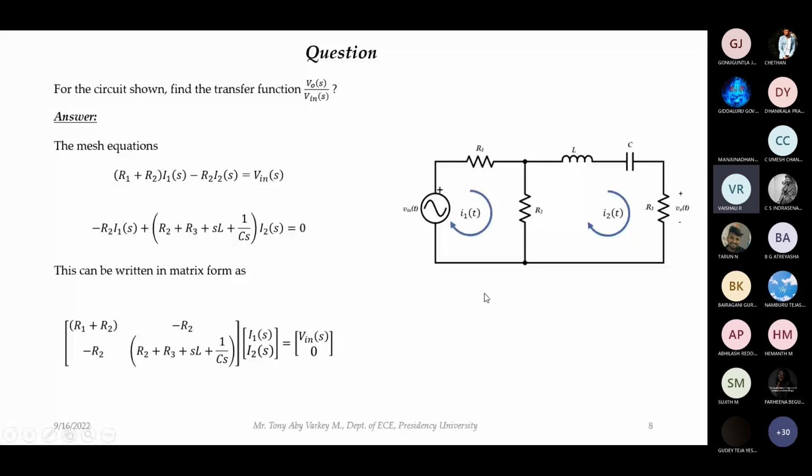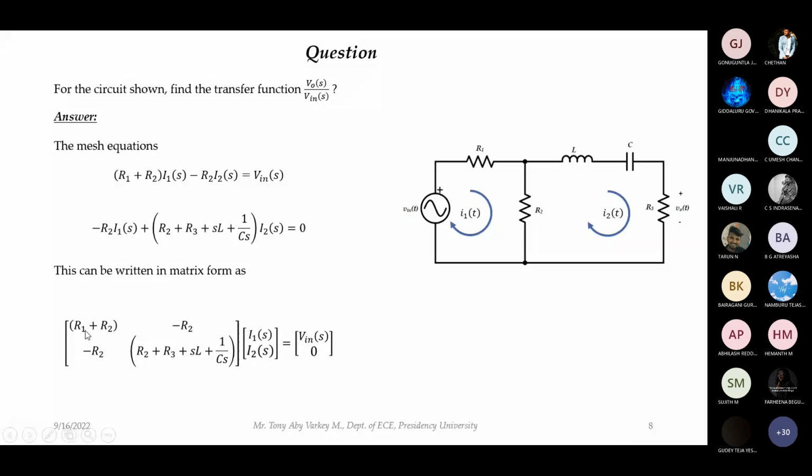First, R1 plus R2, I2 coefficient is minus R2. Second equation, I1 coefficient is minus R2. Second equation, I2 coefficient is R2 plus R3 plus sL plus 1 by Cs, into the variables I1 and I2 in column form, equal to Vin of s and 0. If you multiply these two matrices, you will get these two equations straight away.